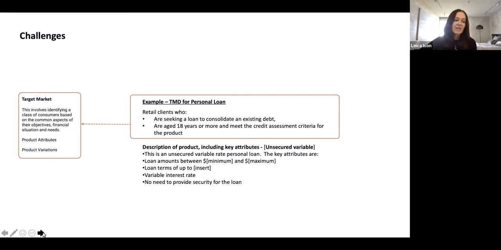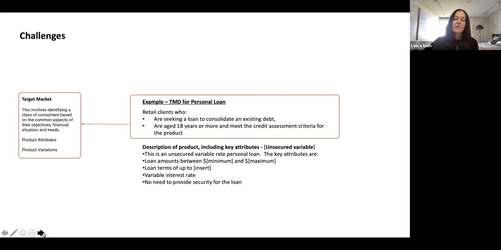Now, the next challenge we're seeing around this target market determination section is around clustering, or getting confusion around the difference between a product feature and some of the variations in that product, some of the variants that are there.